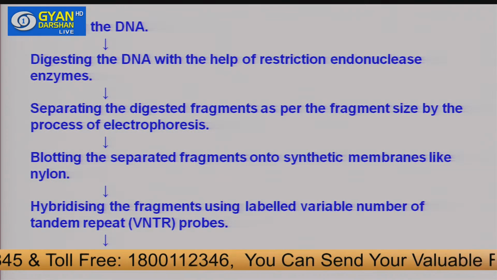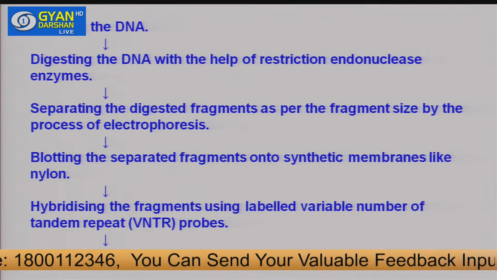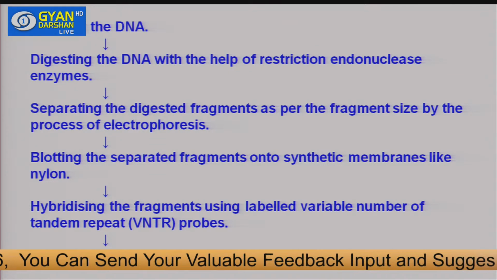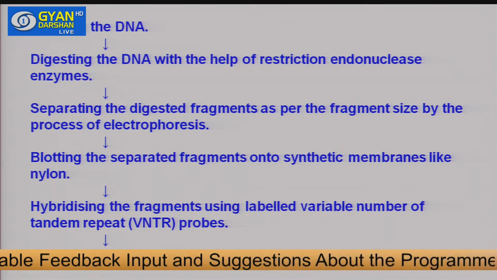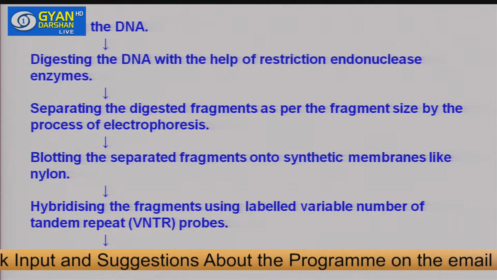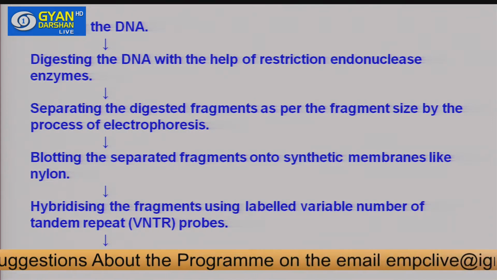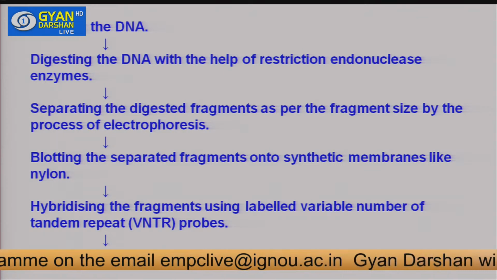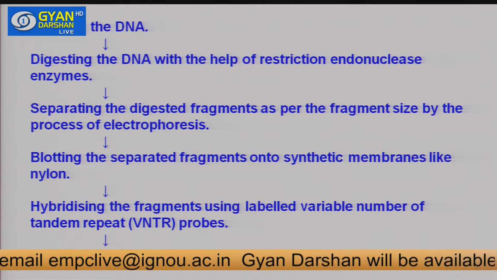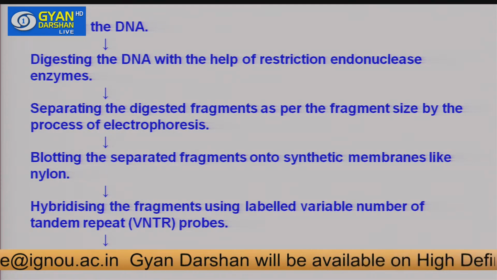The initial steps are similar to Southern blotting. You isolate the DNA, digest the DNA with a restriction enzyme, then separate it through electrophoresis, and blot the separated fragments onto a membrane like nylon membrane. Now you hybridize the fragments using specific probes.